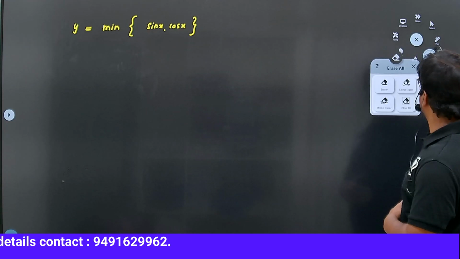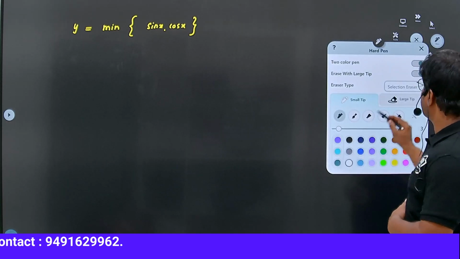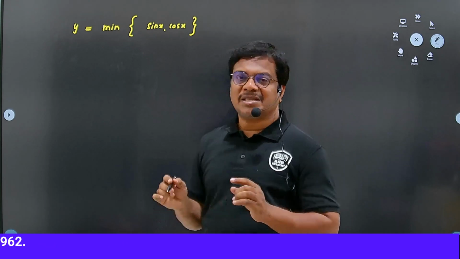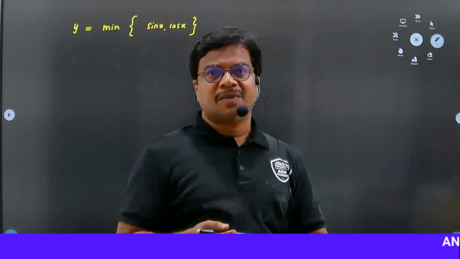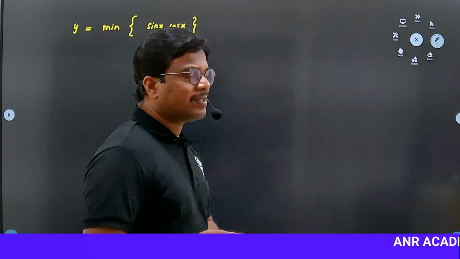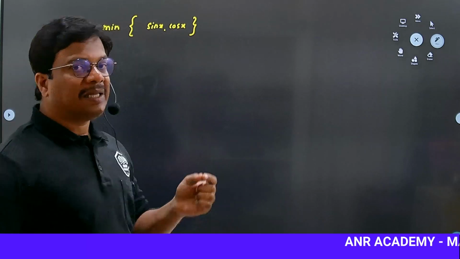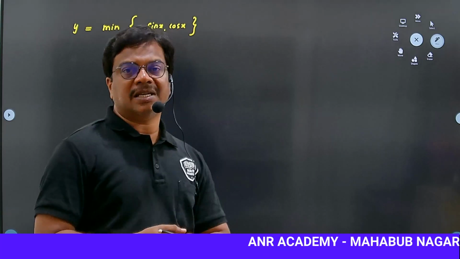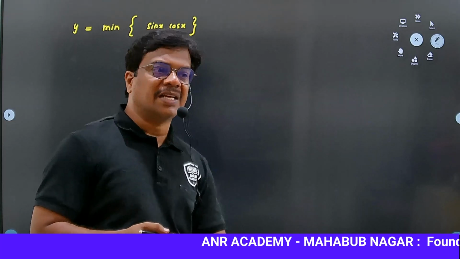Here in this case, first draw both the graphs of sin x and cos x on the same Cartesian coordinate system, and then decide the minimum part of sin x and cos x, that gives the result of y equal to minimum of sin x and cos x.